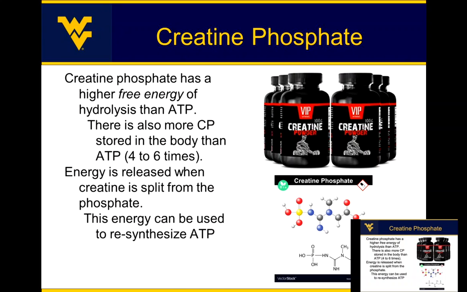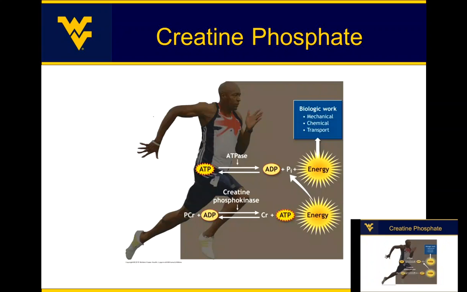But again, when you're thinking about how much ATP there is, I said it's a very small quantity, so this isn't a lot, it's just more than ATP. But it's a very, very powerful high energy phosphate that can momentarily help to resynthesize an ATP molecule. Okay, so how does it do it?